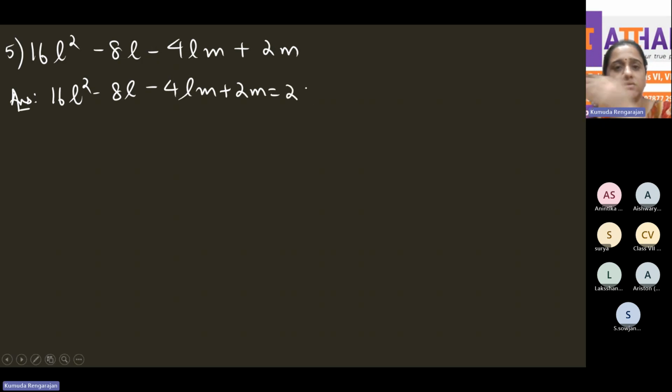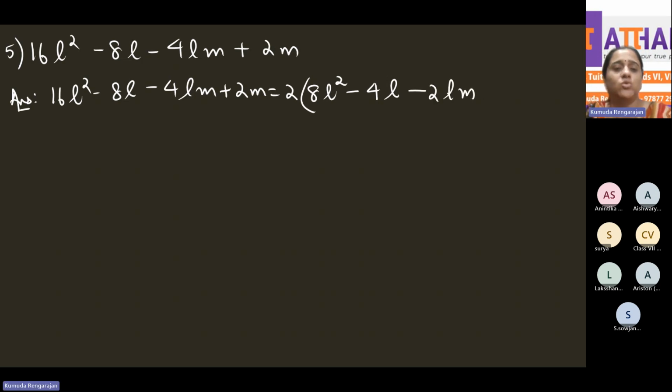Only 2, nothing else. Take it out. So 2 into what is 16L square? 2 into 8L square. 2 into what is minus 8L? Minus 4L. 2 into what is minus 4LM? Minus 2LM. And 2 into what is plus 2M? Plus M. This is the first step. Now let this 2 remain.